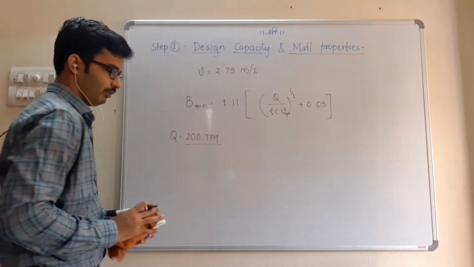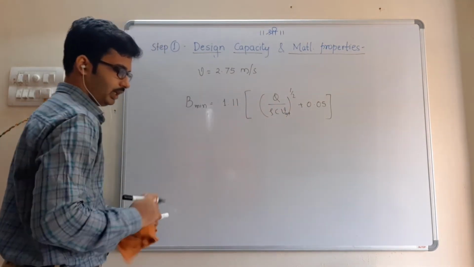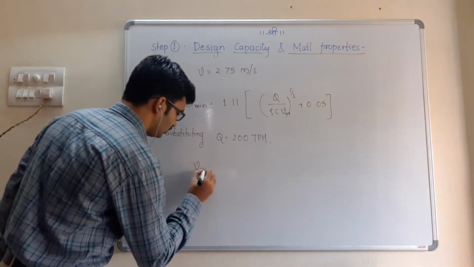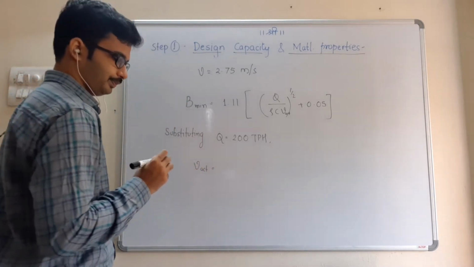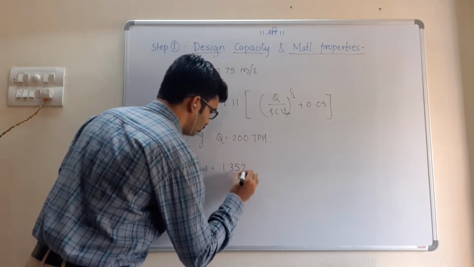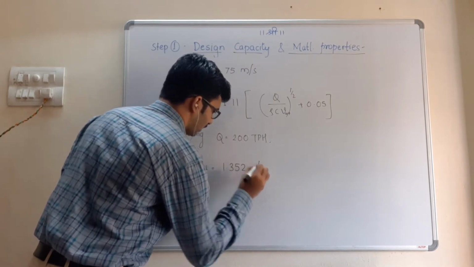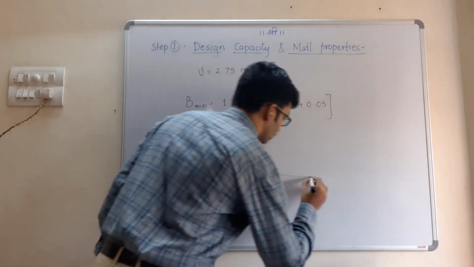When we substitute the values, you will get V actual equal to 1.352 meters per second. So this is another answer.